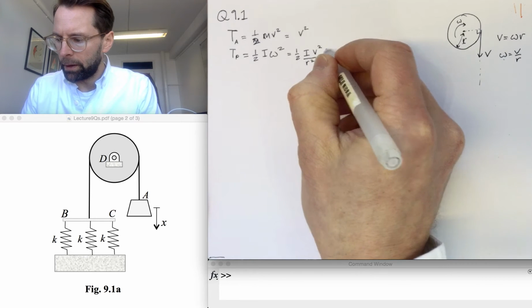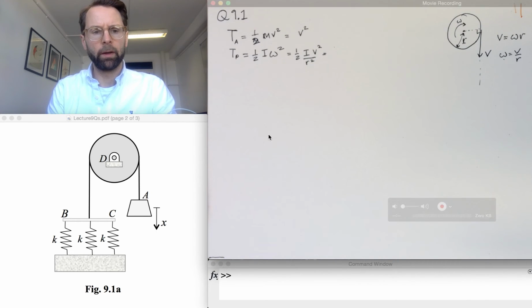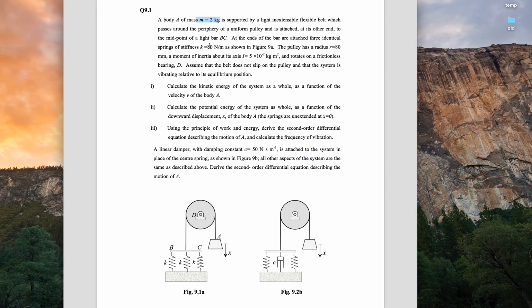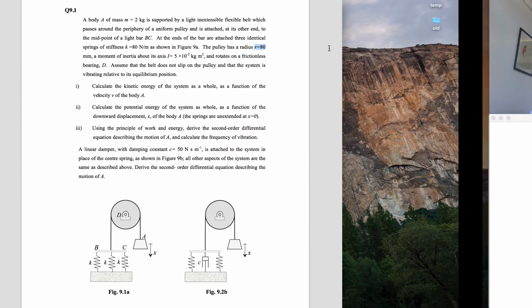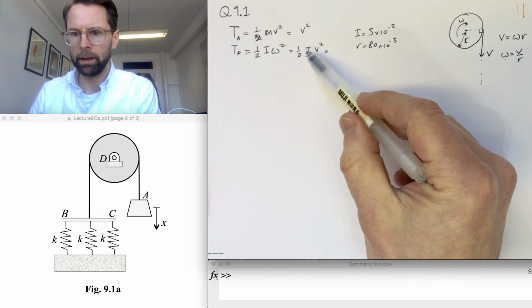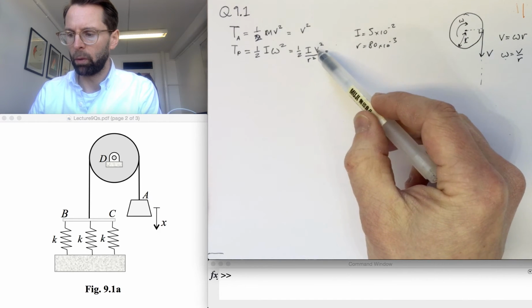So if I now find out what I and r are from the question, well, I is equal to 5 times 10 to the minus 2 kilograms meter squared, and the radius is 80 millimeters. So now I can substitute these values into there and evaluate what this is.